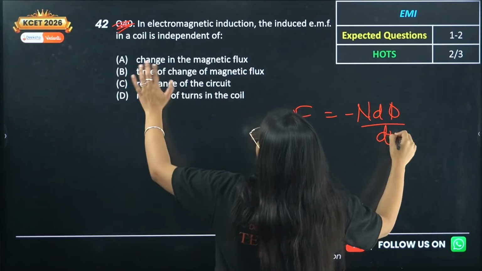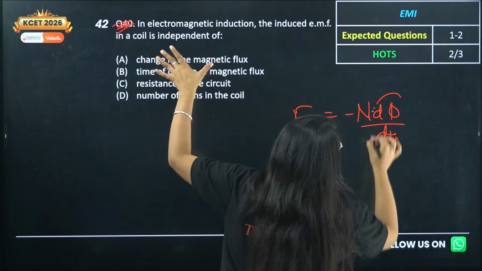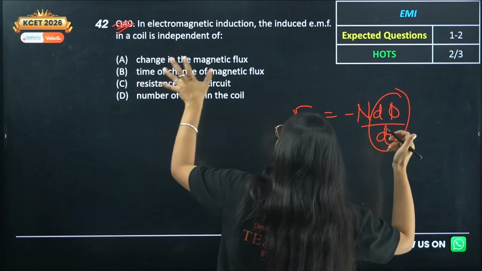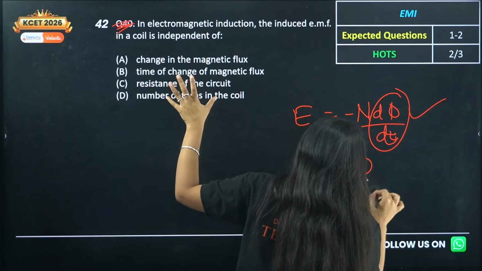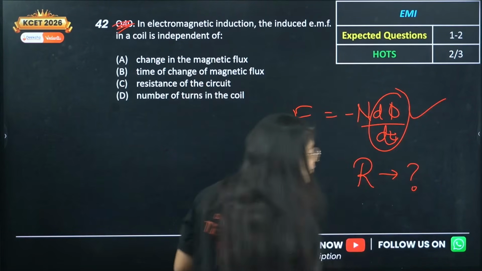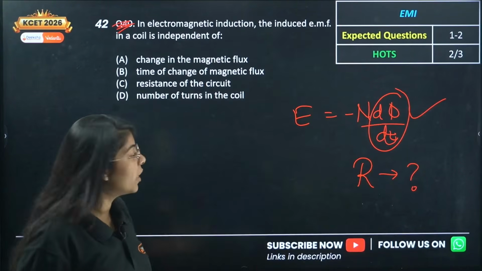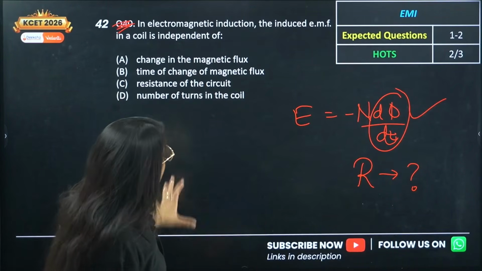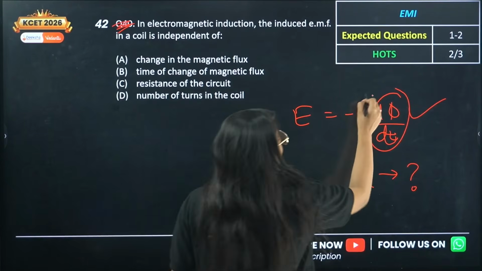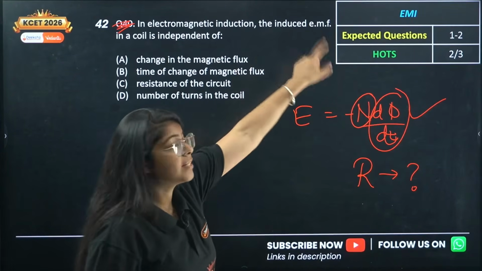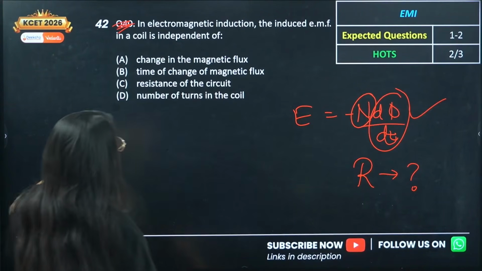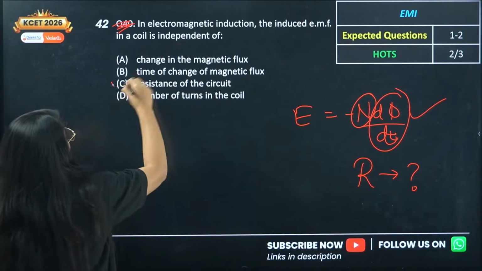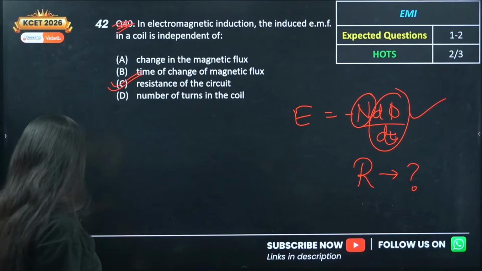Now, this is definitely change in magnetic flux. Time of change of magnetic flux is still the same thing. Resistance of the circuit, I can't see anything like R or resistance in this formula, right? Or number of turns in the coil, which we definitely have. Now, this is a question of the chapter EMI, electromagnetic induction. So the correct option, hence, we know, will be resistance of the circuit.